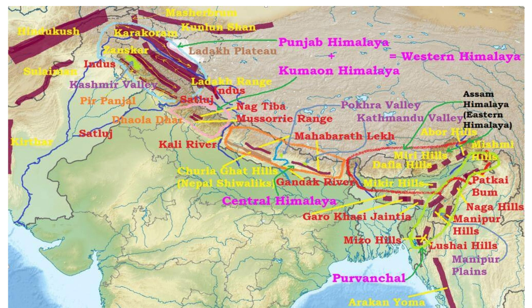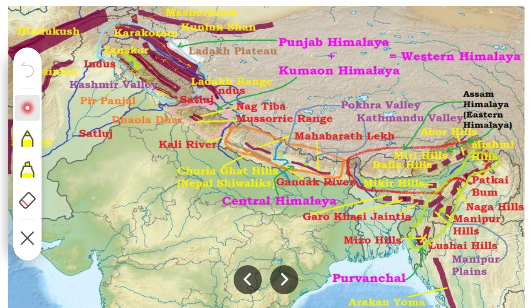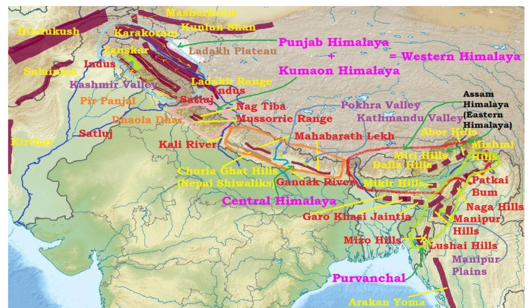For example, the part of the Himalayas lying between the Indus and Satluj, which you can see in red color on the map, is traditionally known as the Punjab Himalayas, and regionally also known as Kashmir and Himachal Himalaya.